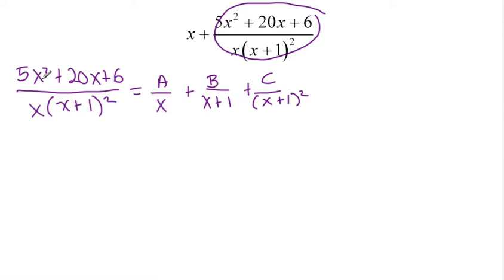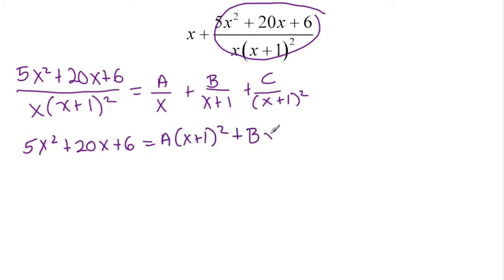So I am going to multiply my whole equation through by x times the quantity (x + 1)². And when that happens, I get 5x² + 20x + 6 equal to A(x + 1)² + Bx(x + 1) + Cx.